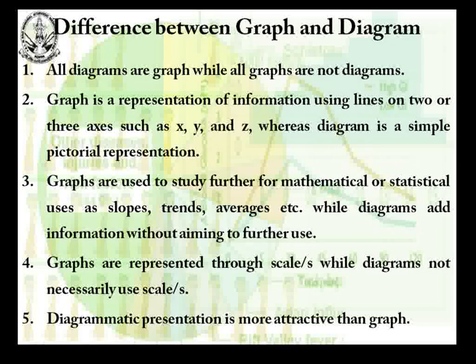Graphs are used to study further for mathematical or statistical usage such as slopes, trends, averages, etc., while diagrams add information without aiming for further use. Graphs are represented through scales, while diagrams do not necessarily use scales. Diagrammatic presentation is more attractive than a graph.